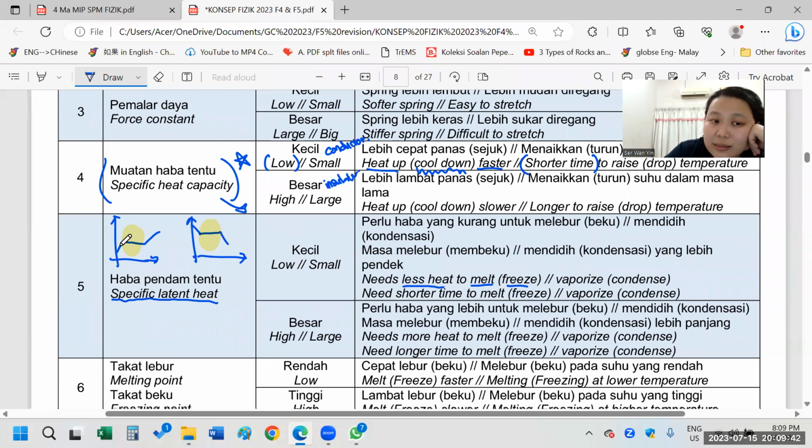Okay, means it's for boiling. This is the heating graph. This is the cooling graph. So then the heat energy is used for what? For this one, we say break the bond. But for this one is remake the bond. Rebuild the bond.